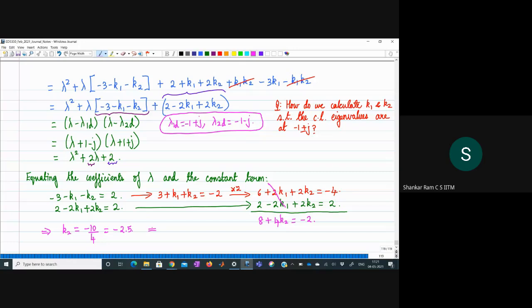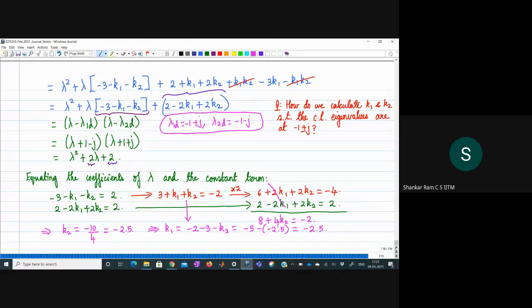Similarly, this would imply that K1 is now equal to, if we take from this equation, -2, -3, minus K2, this is -5, minus of -2.5, we get once again -2.5.